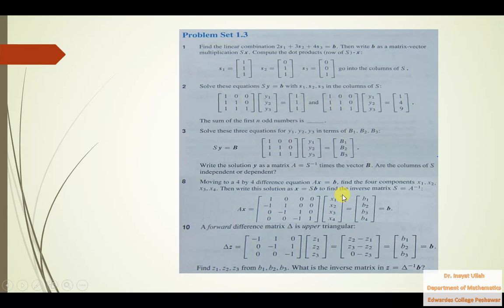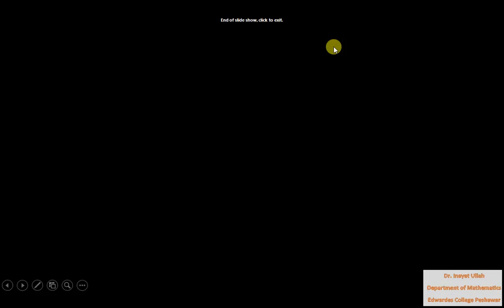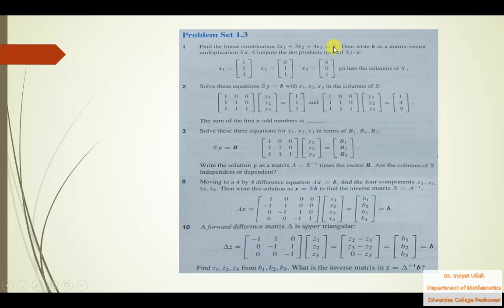So we are in a position to solve problem set 1.3. Question number 1 is an easy question. It says find the linear combination 2s1 plus 3s2 plus 4s3 equal to b. That is, 2 times s1 plus 3 times s2 plus 4 times s3 is equal to b. You may write this b as b1, b2, b3, the components of b.